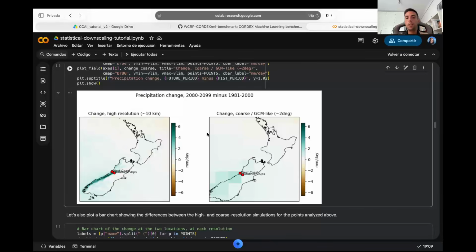Because here I'm just showing the GCM over New Zealand, but the GCM is able to generate simulations across the whole planet. So here we can see the difference. If we take into account the GCM to assess climate change in these 2 points, we will get something that is not close to a potential reality. Why? Because the GCM is not able to get this local detail.